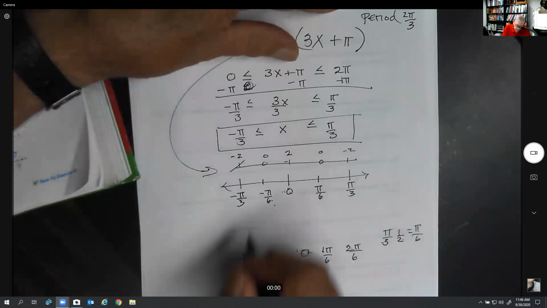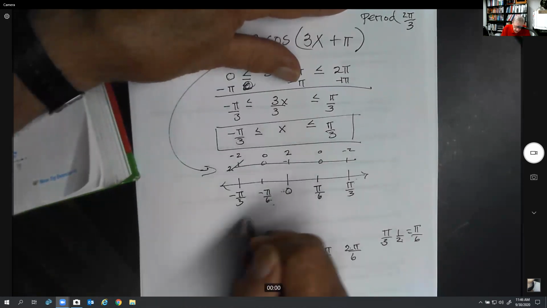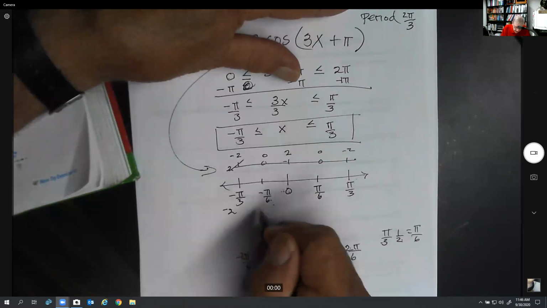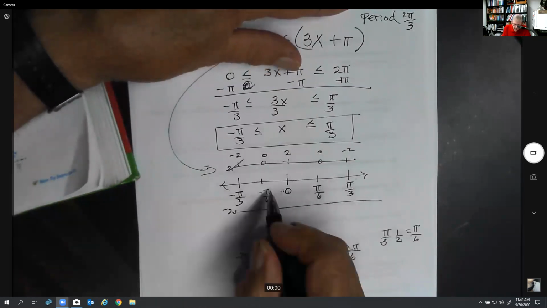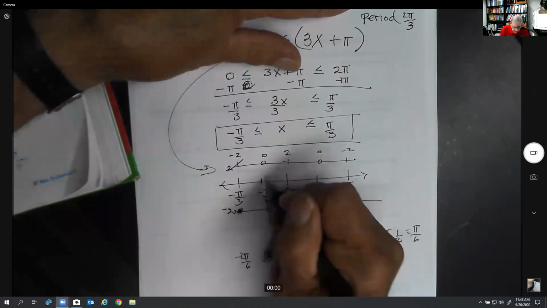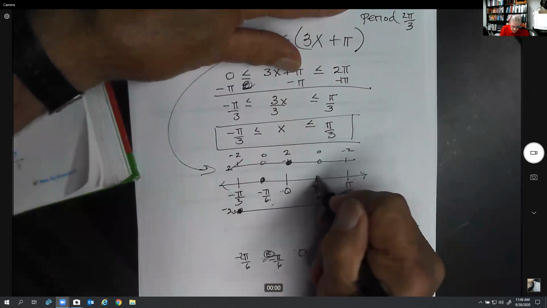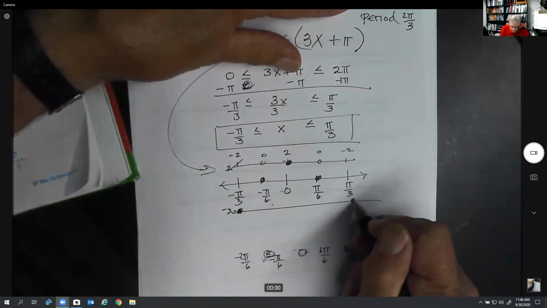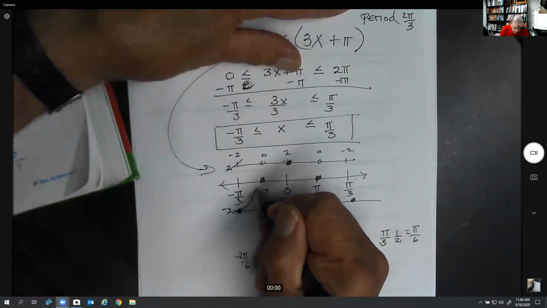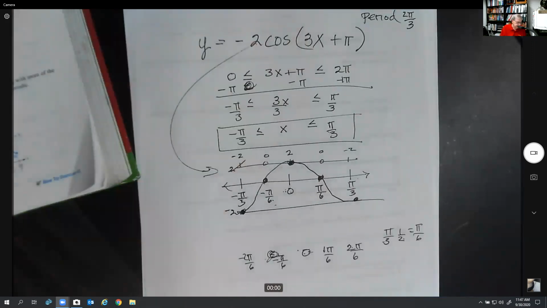And that's going to be our points. So we're going to go up 2 units here and down 2 units here. And our graph is going to be at -2, then comes up to 0, then goes up to 2, then back to 0, then down to -2. Kind of our bell-shaped curve, like that.